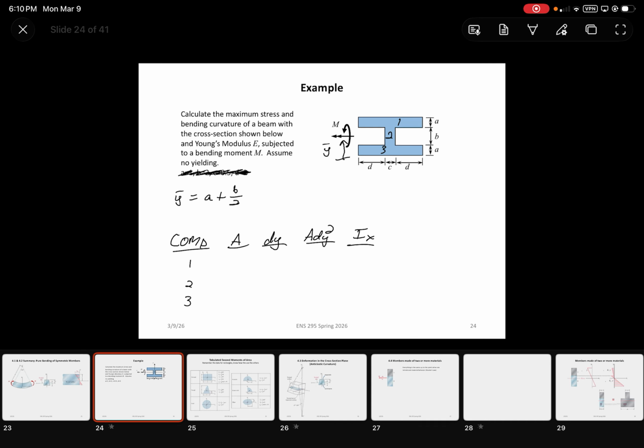And basically the areas for 1 is going to be a times 2d plus c. For 2, it's going to be cb. And then for 3, it's going to be a times 2d plus c. dy is basically just going to equal whatever y bar of each component is minus the total y bar.